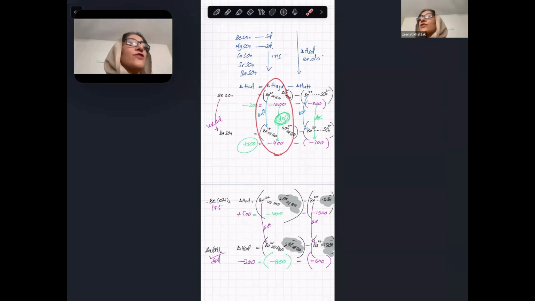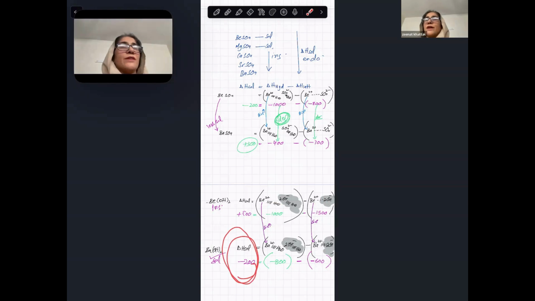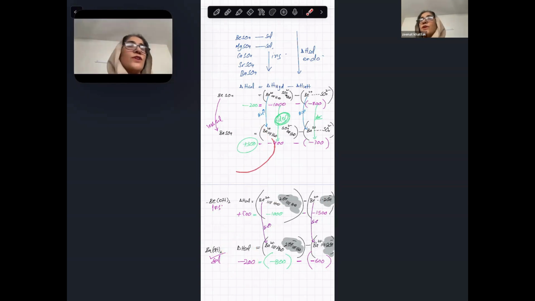In both, the hydration decreases, the lattice decreases: 1000 to 400, 800 to 700 decrease; 1000 to 800, 1500 to 600 decrease. But in case of sulfate, the hydration decreases more. In case of hydroxide, the lattice decreases more. As a result, the delta H solution is getting exo here and it's getting endo here. Therefore, it is becoming what? Insoluble down the group, and hydroxides are becoming soluble.